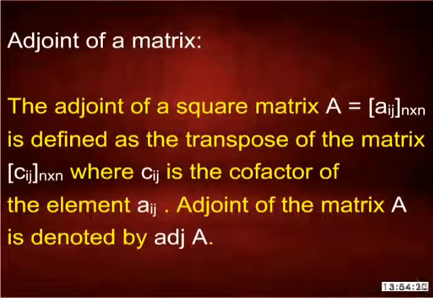Adjoint of a matrix. The adjoint of a square matrix A is the n by n order matrix whose elements are Aij and is defined as the transpose of the matrix Cij of n by n order, where Cij is the cofactor of the element Aij.